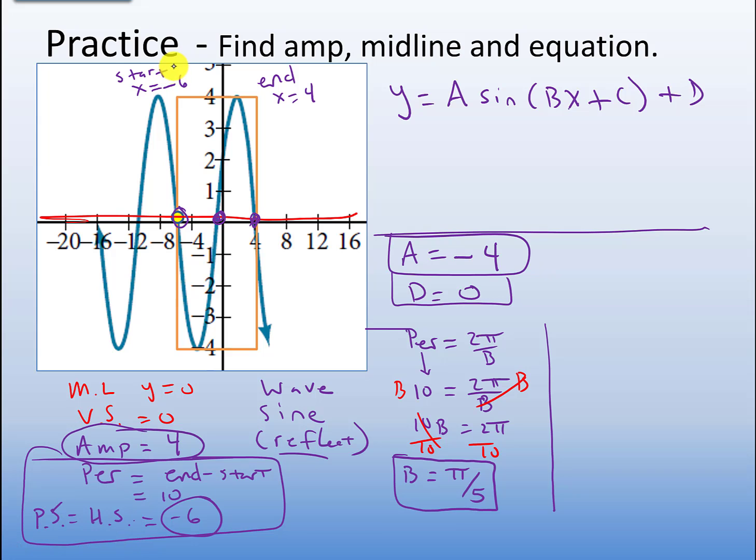My start is -6, but C is not equal to -6. Now, if I put it in the factored form, that's different, but I don't have the factored form here. So I have to find the C. Let's see. So let's do the formula.